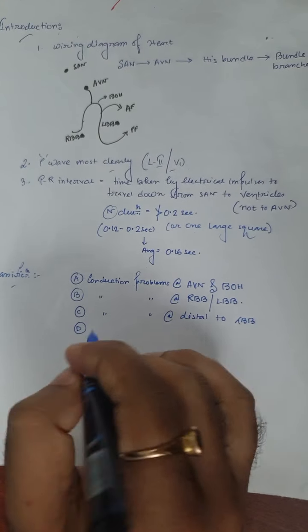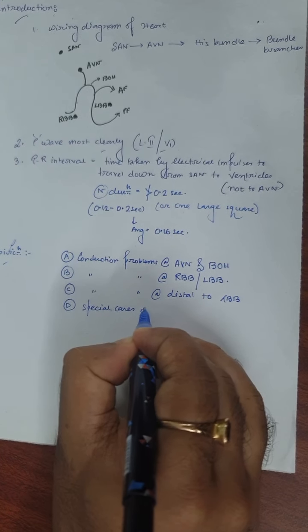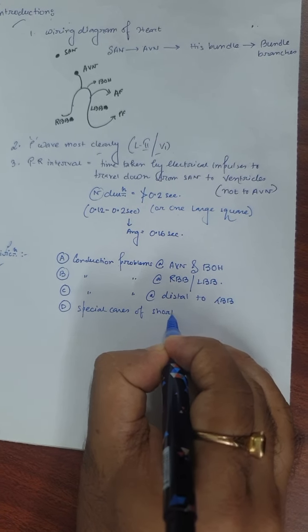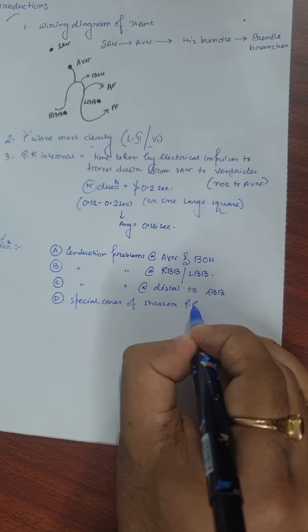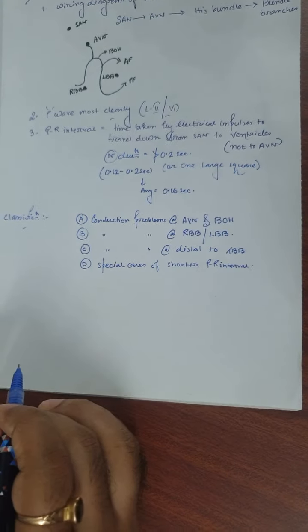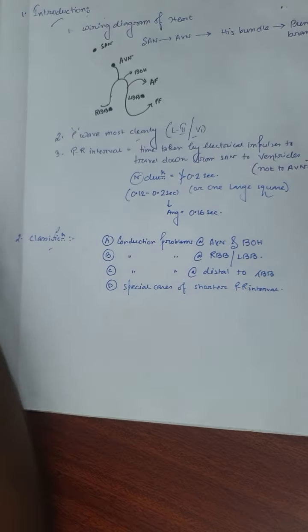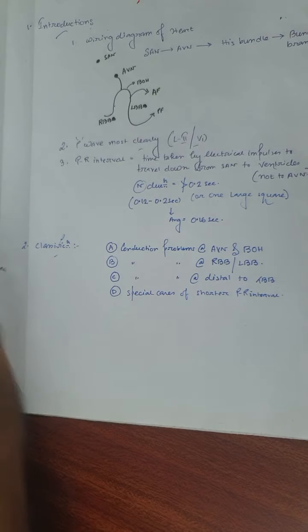And last, some special cases of shorter PR interval. Okay. So let's start with the conduction problem occurring at the AV node and the bundle of His.